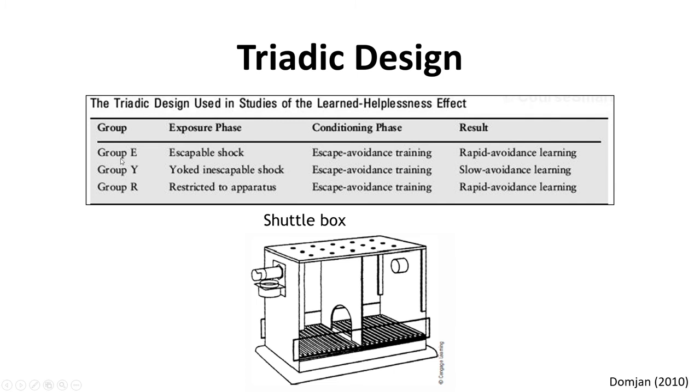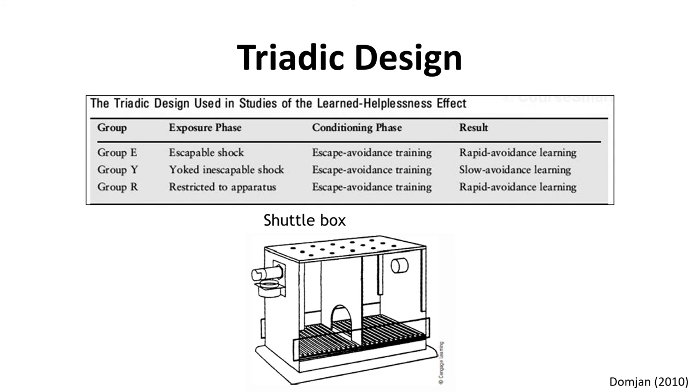But we have three different groups. So group E is our experimental group, and it is an escapable shock group. So in step one, they might be in the shuttle box, but they're not allowed to move freely between the sides. They'd be stuck on, say, one side or the other, where there would be a shock that occurs, but there is a behavior that this group can perform to stop that shock.